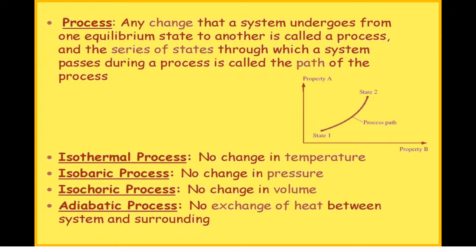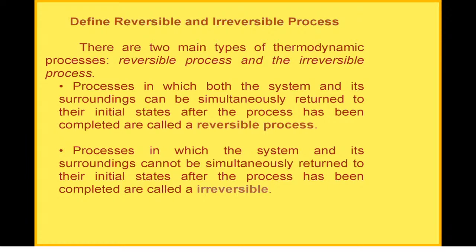So, we talk about the processes, about the way parameters go when the change of the state of the system is in progress. That is why let's look in more detail at this identification of the processes.